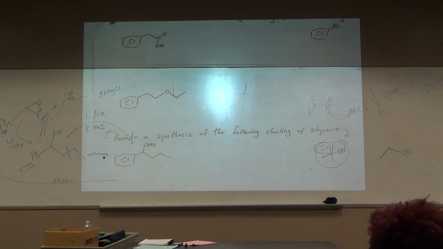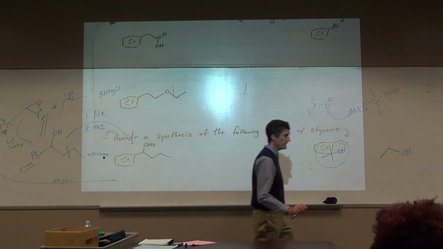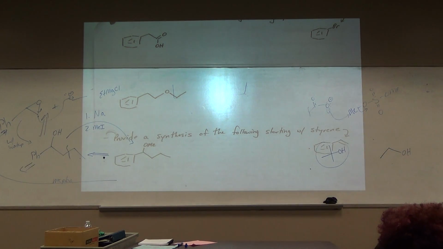So you convert styrene to the epoxide, you react it with an ethyl anion, either the Grignard or ethyl lithium. We work up, it gives us the alcohol. And then from the alcohol, you convert it to the ether you want with the Williamson ether synthesis. Anybody have this already done?